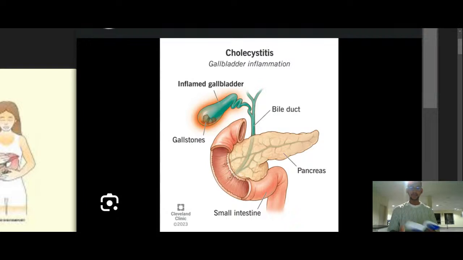Okay, so I'm just looking for the cholecystitis.